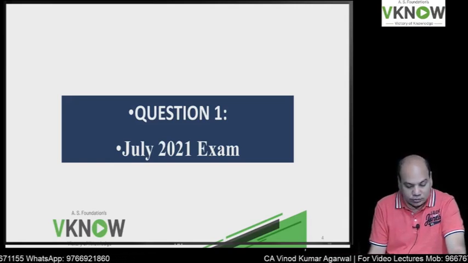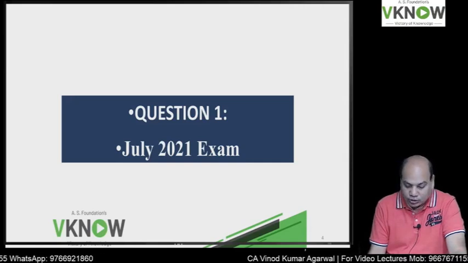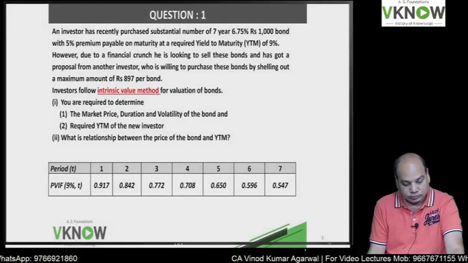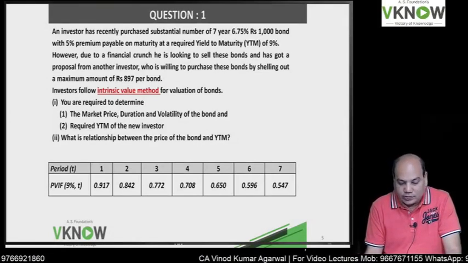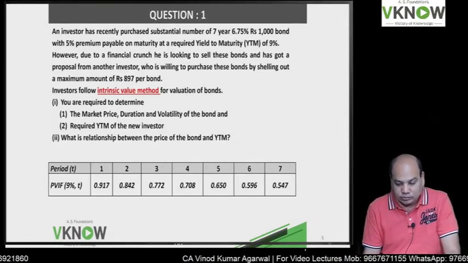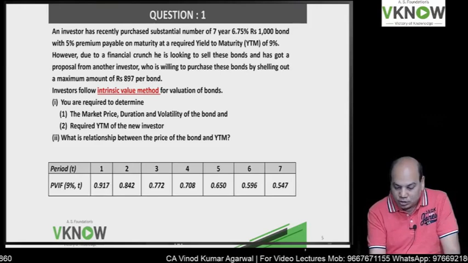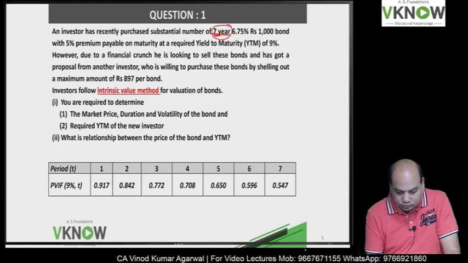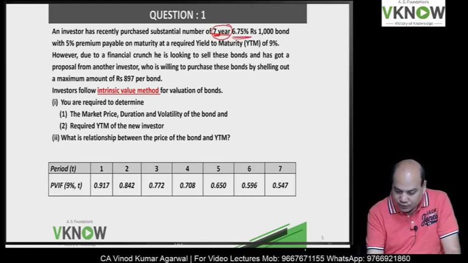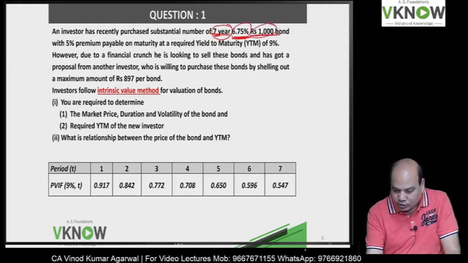Question number 1 is from July 2021 exam. An investor has recently purchased a substantial number of 7-year, this is the time, 6.75%, that is the coupon rate, rupees 1000, that is face value.